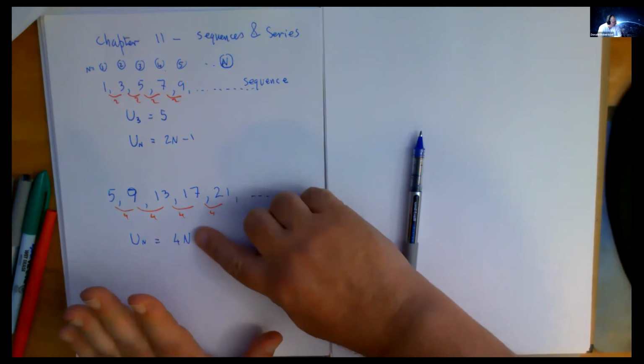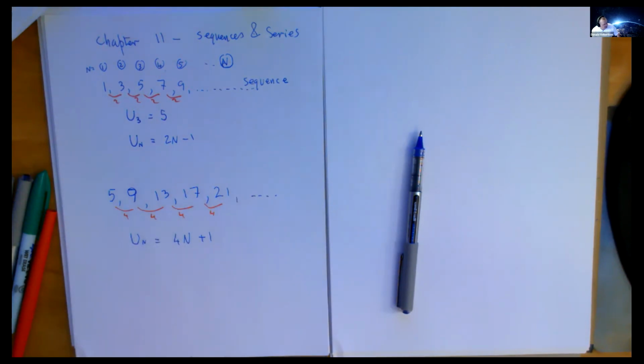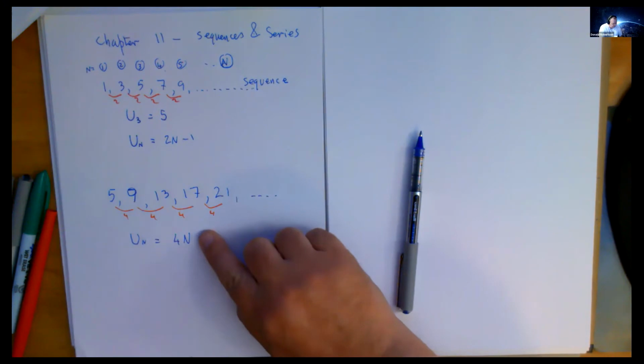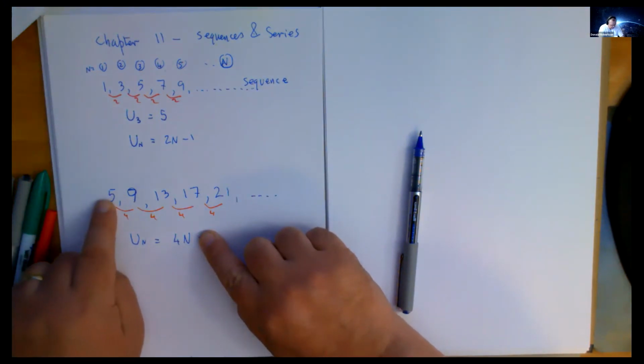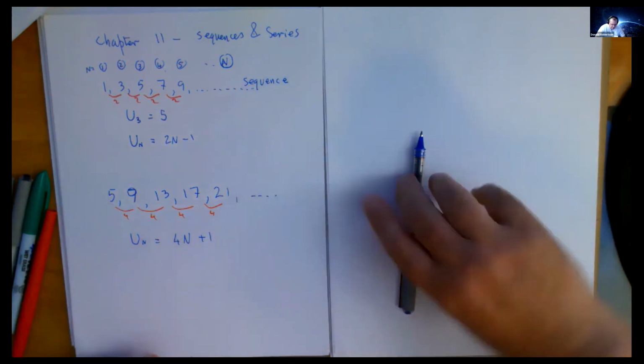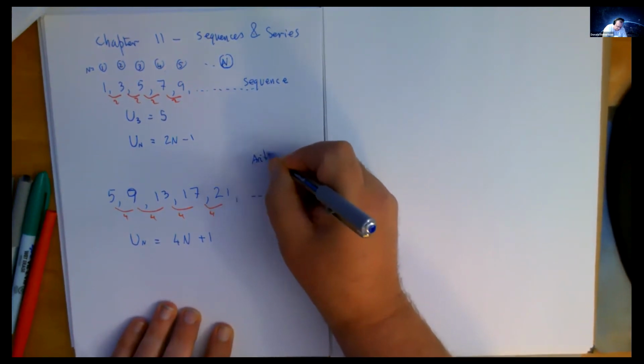That's how the deal works. Then all you need to do is basically tweak it to make it fit. So would you agree that if you plug in 1 here, you just get 4? But the first number has to be 5, so you see how you fix it. This particular sequence is called an arithmetic sequence.